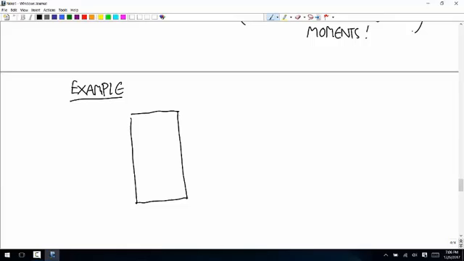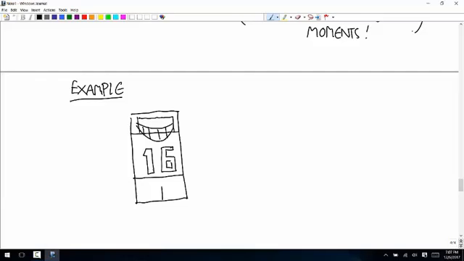We can only deal with rectangles though, so he has to be a rectangular football player. Okay, so that's a football player.